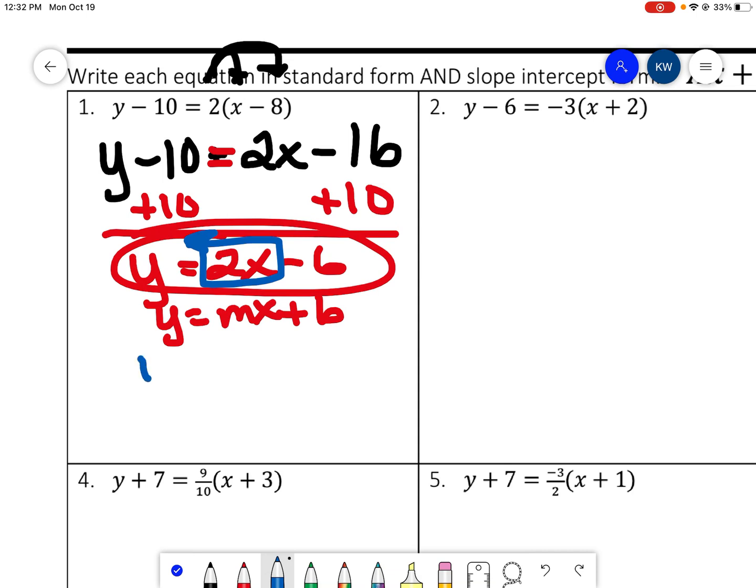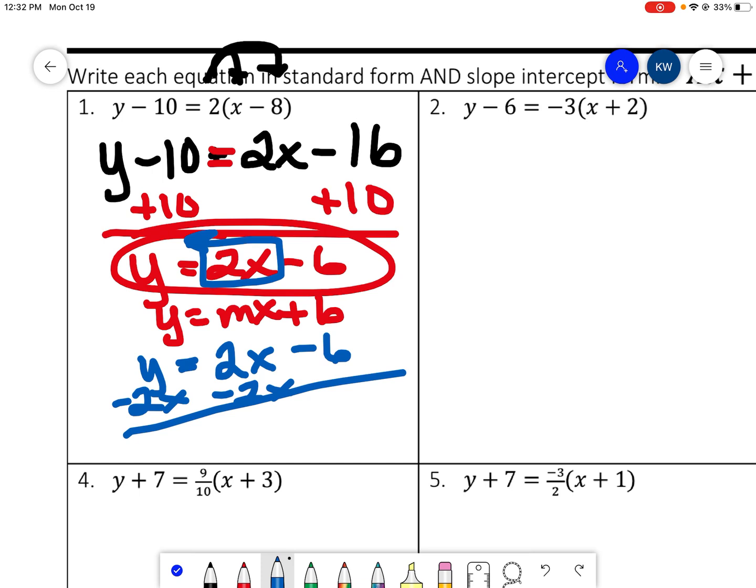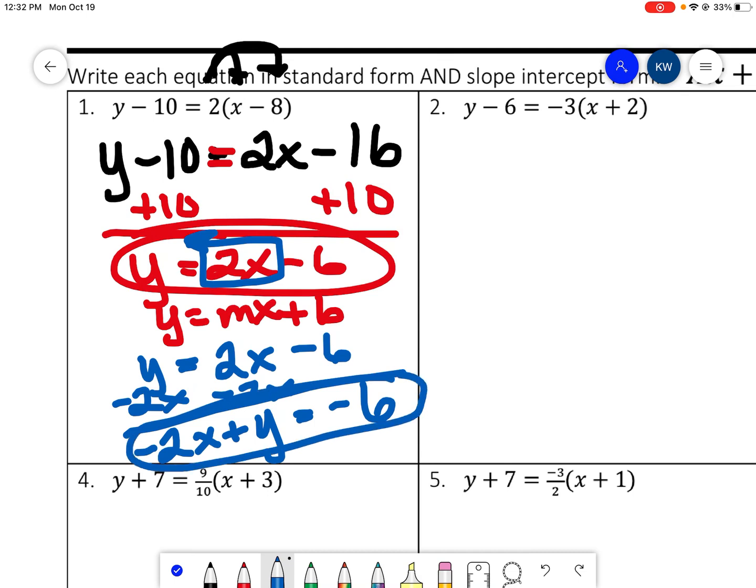So we start with y equals 2x minus 6, and we minus 2x on both sides. Our standard form has the x terms first, so it's minus 2x plus y equals a negative 6. And that is our standard form.